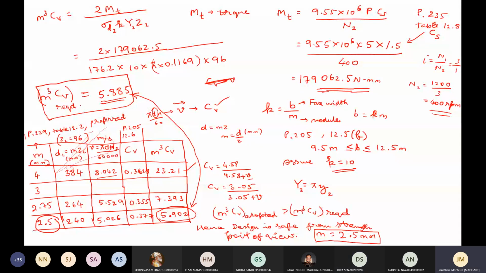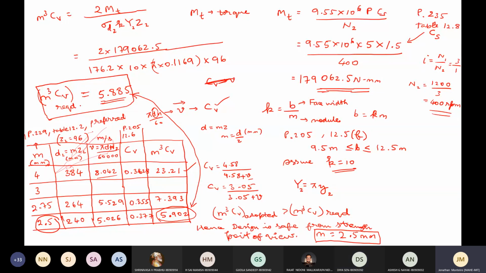Suppose, in this case, we are not going to take 2.75, because we can still optimize it to 2.5, right? But in some other problem, middle values are all right. The final thing is to always see that choice one, the preferred one, is used.